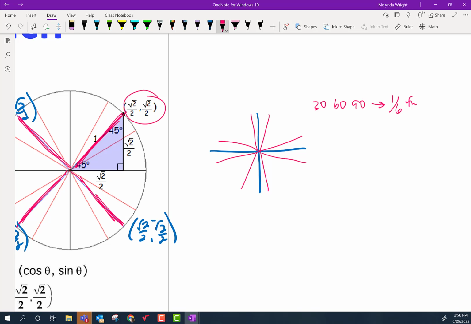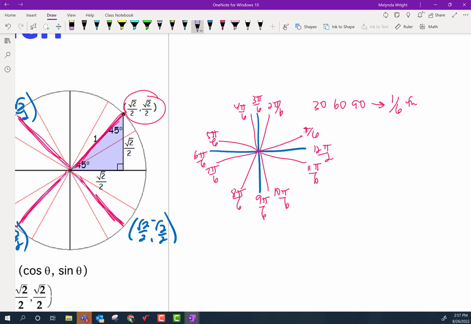So this would be 1 pi over 6, so I count by 6. 1 pi over 6, 2 pi over 6, 3 pi over 6, which is the quadrantal, 4 pi over 6, 5 pi over 6, 6 pi over 6, 7 pi over 6, 8 pi over 6, 9 pi over 6, 10 pi over 6, 11 pi over 6, and if I wanted to, I could say 12 pi over 6. Now we would need to go through and reduce them.